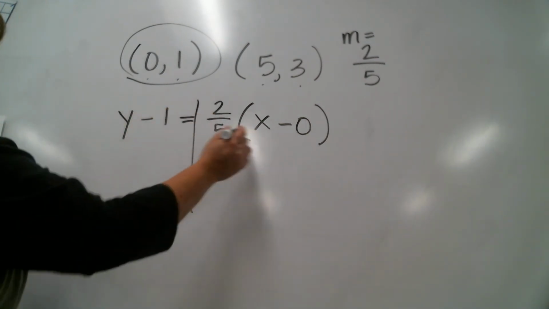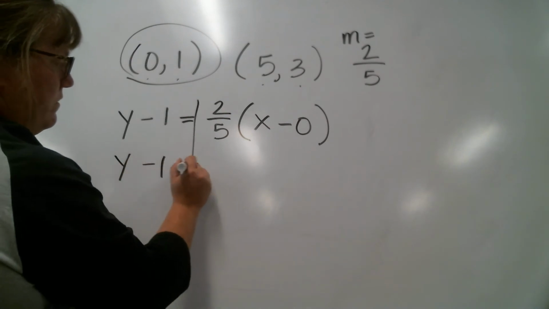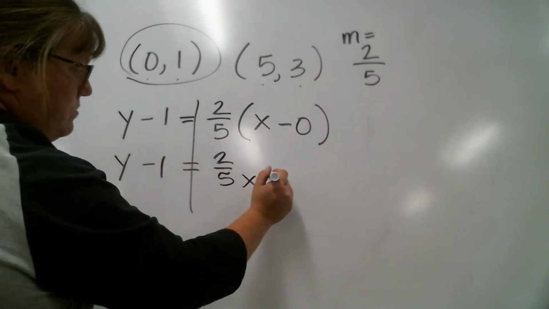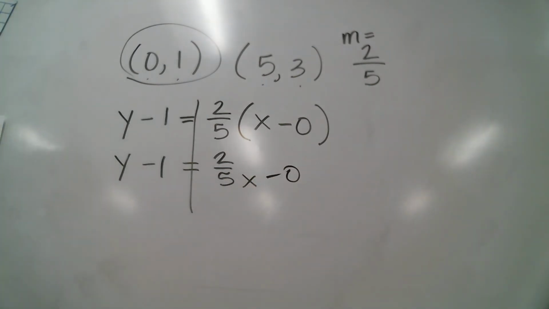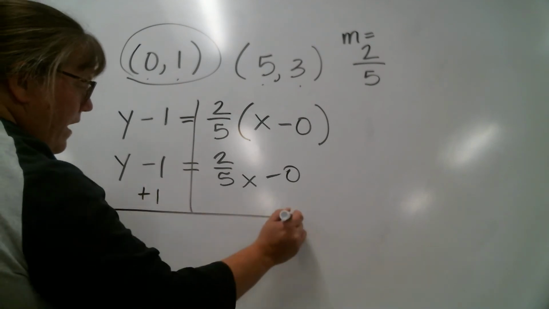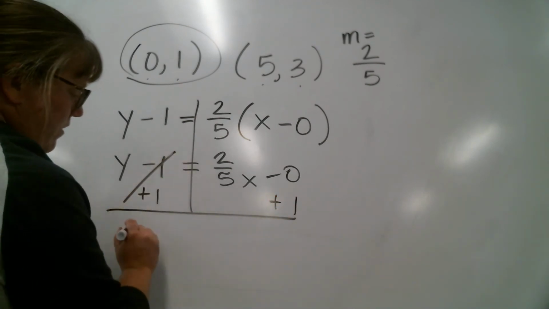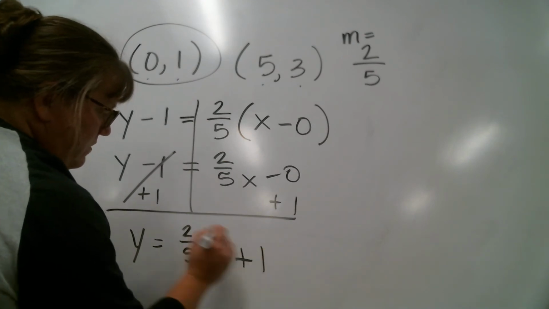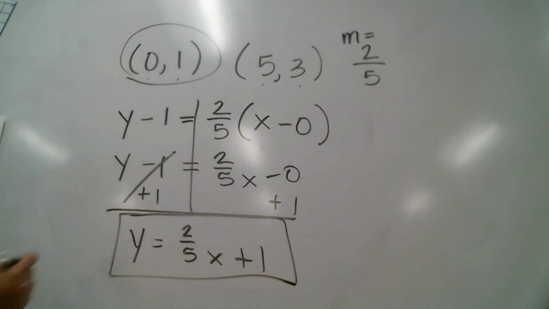Okay, so this should be fairly easy to rewrite. y minus 1 equals 2/5 x, and 2/5 times 0 is just 0. Okay, and when I finish by adding 1, I've got y equals 2/5 x plus 1, and it's in slope-intercept form.